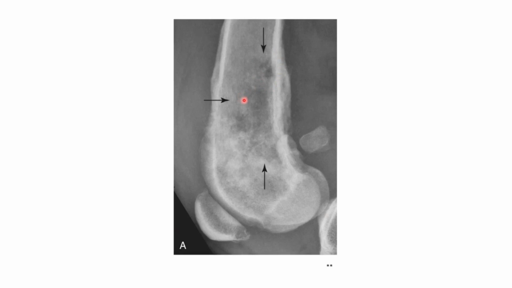So we have coalescing regions of ill-defined bone destruction, and that's compatible with permeative lysis. There are some other features here as well, so there's certainly some evidence of cortical destruction and a periosteal reaction. So this lesion is looking highly aggressive.